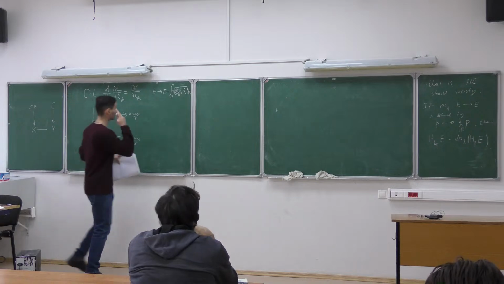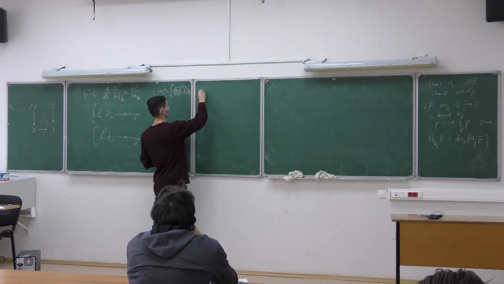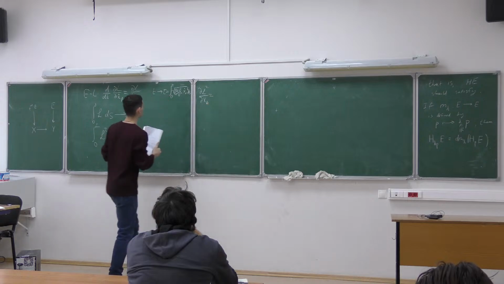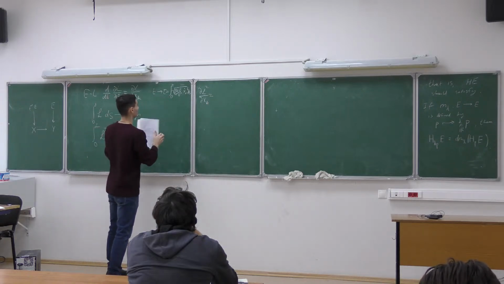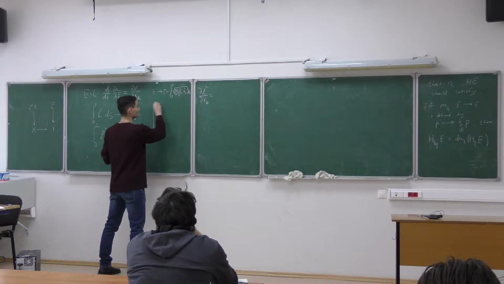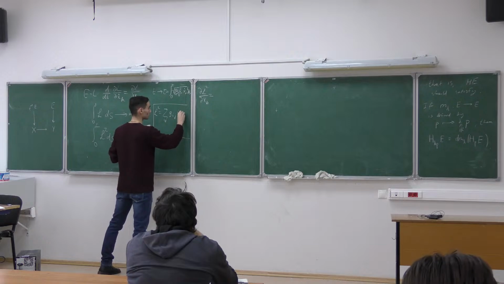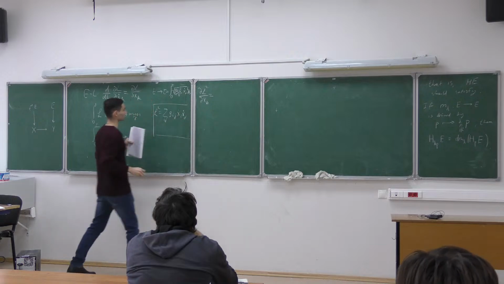So let's just write down the equations. The first one is the derivative of the squared Lagrangian over xk. Let's write the squared Lagrangian here: the sum over ij of gij xi dot xj dot.